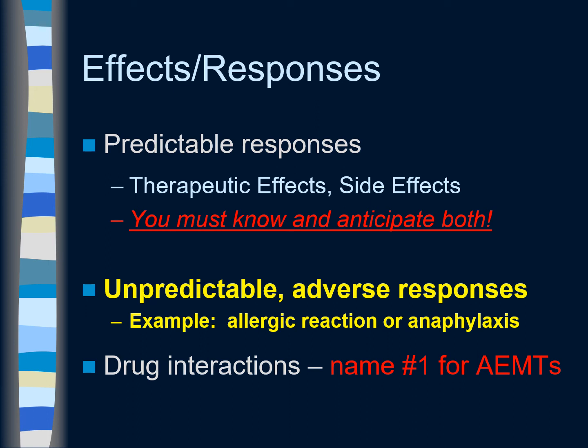It's really, really important that as an advanced EMT, giving people drugs that they may have never had, you know what the therapeutic effects are, when you should expect the onset of effects, when those effects will peak, how long the duration of the effects will be, and any side effects. So that if a patient says, oh, I feel like my heart's going to jump out of my chest, you can, with confidence and professional knowledge, say, oh, that's one of the side effects of albuterol.